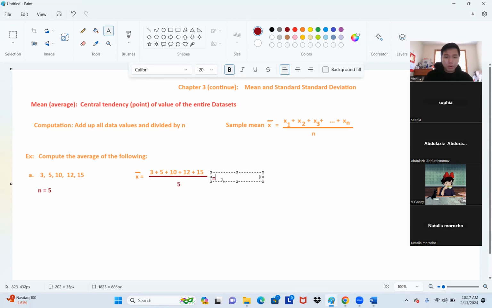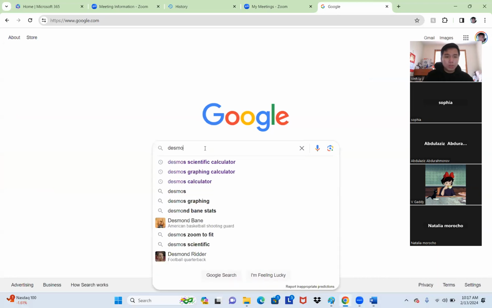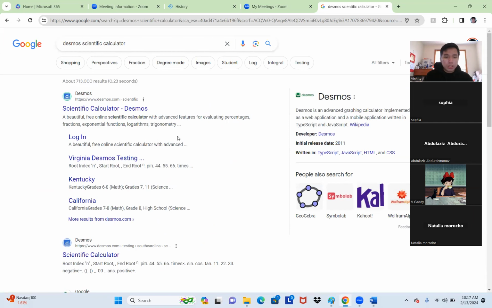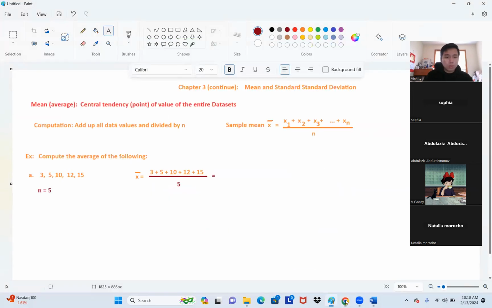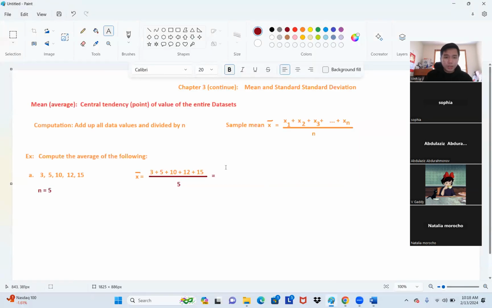On a scientific calculator, we just add them up and divide by 5. So the answer will be 9.